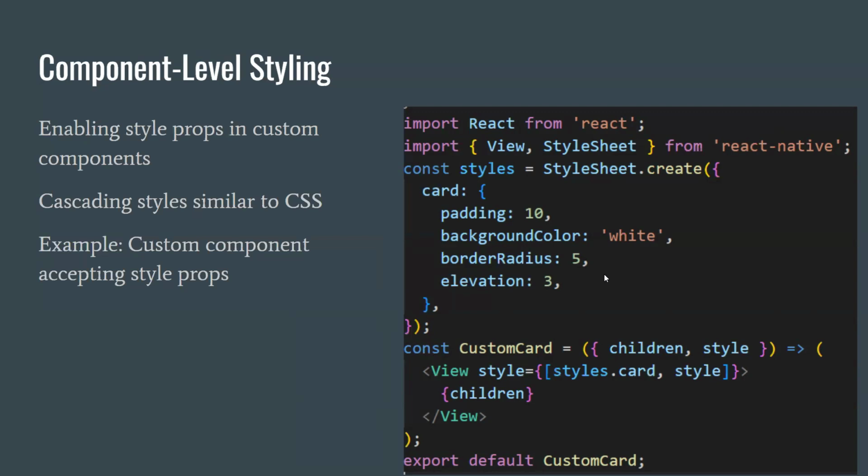So for example, in this custom component, we can accept a style prop and apply it along with the base styles of the View component. So we are allowing extensive customization based on the parent component's passed style.